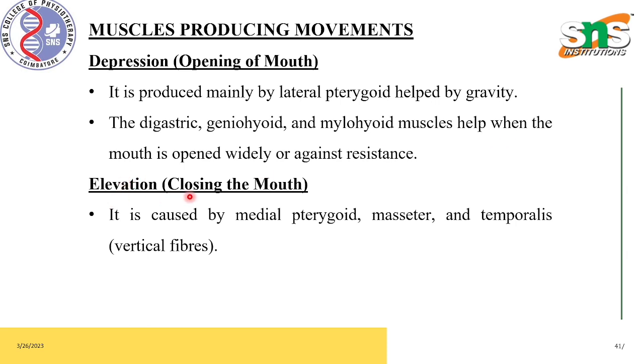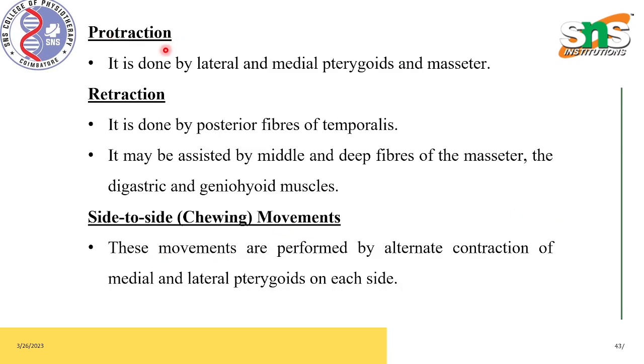Next movement is your elevation, that is the closing of your mouth. It is caused by the medial pterygoid, masseter, and temporalis, the vertical fibers of your temporalis muscle. Next movement is the protraction. This protraction is produced by the lateral and medial pterygoids along with the masseter muscles.